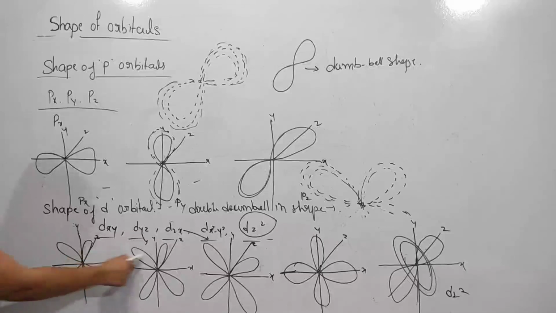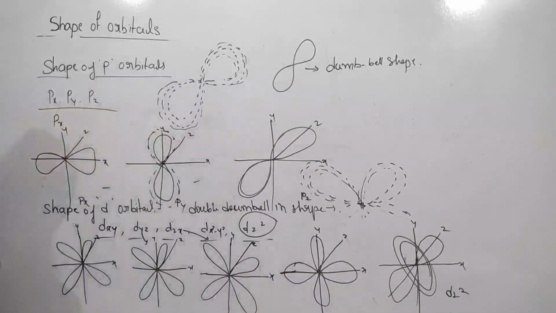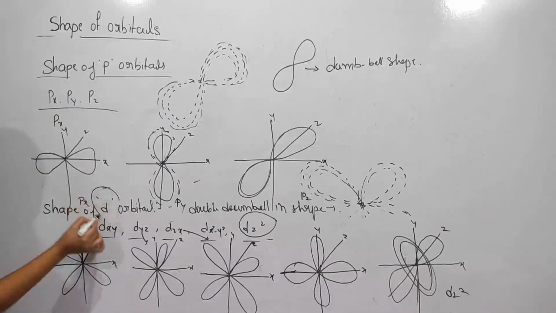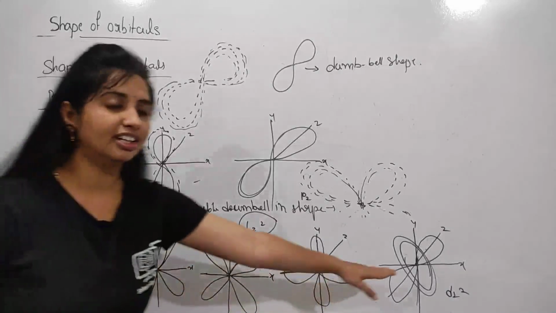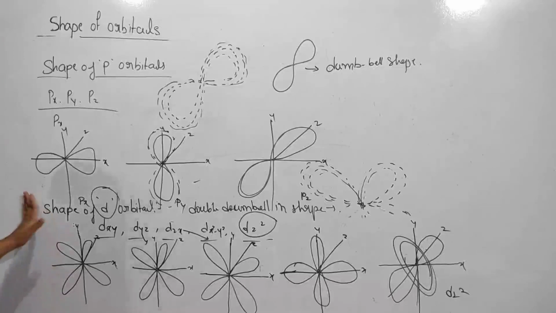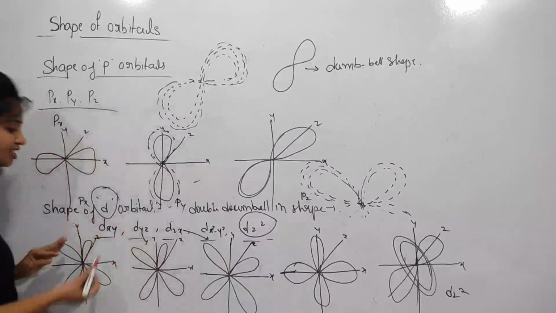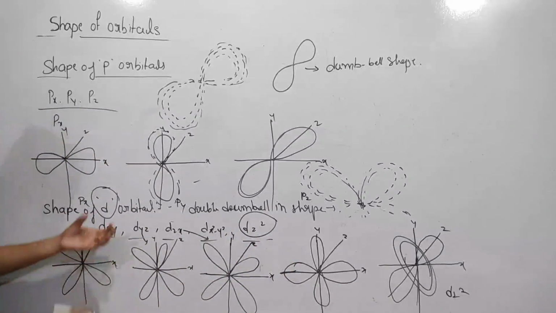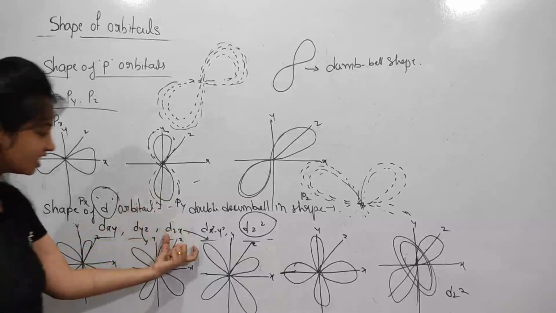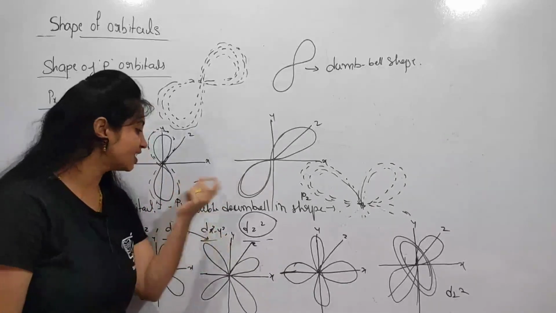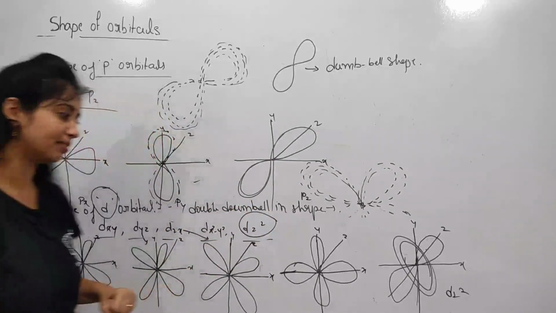So these are all 5 orbitals of the d orbital. These are the shapes of d orbitals. We are having totally 5 d orbitals, that is the dxy orbital, dyz orbital, dzx orbital, dx square minus y square orbital and the dz square orbital.